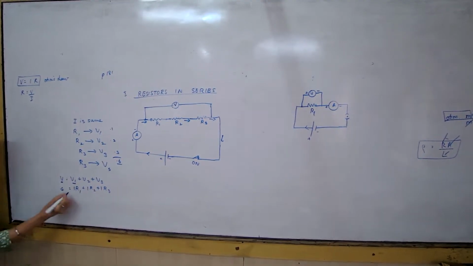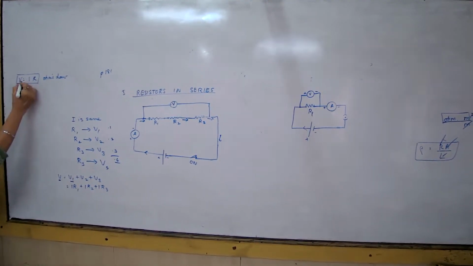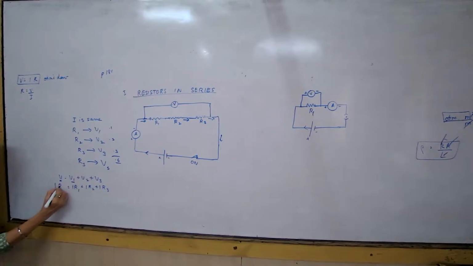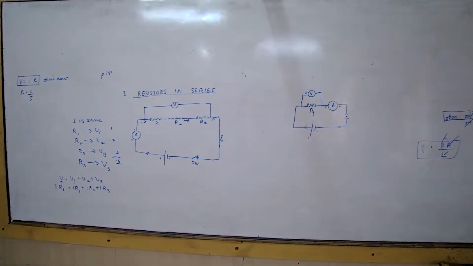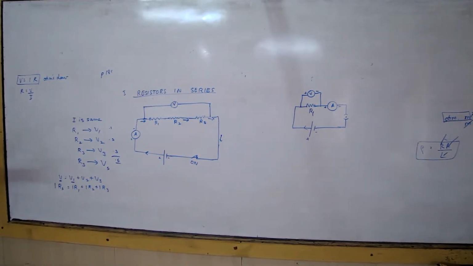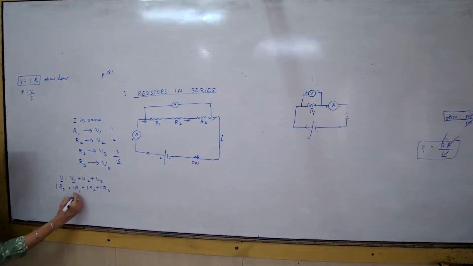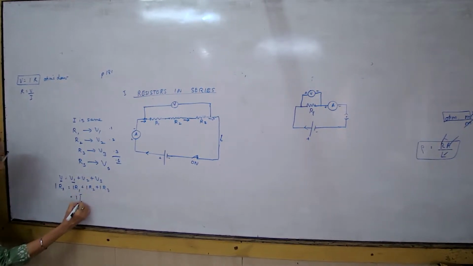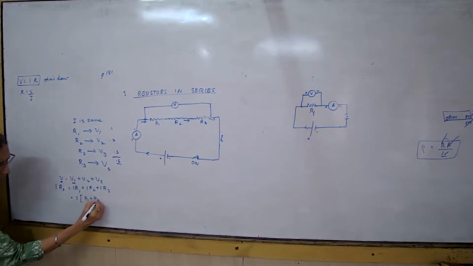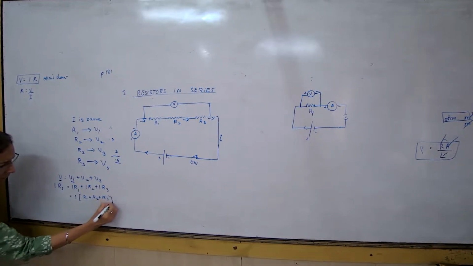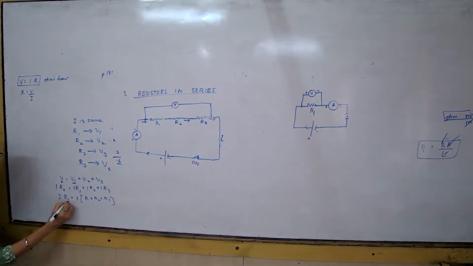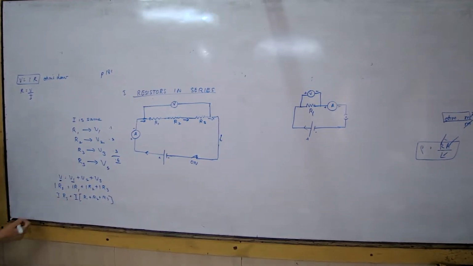Therefore, V is equal to I R S. Why did I put it as S? Because S is for series. So here I is constant, and R1 plus R2 plus R3 is equal to I R S. I and I will get cancelled out.